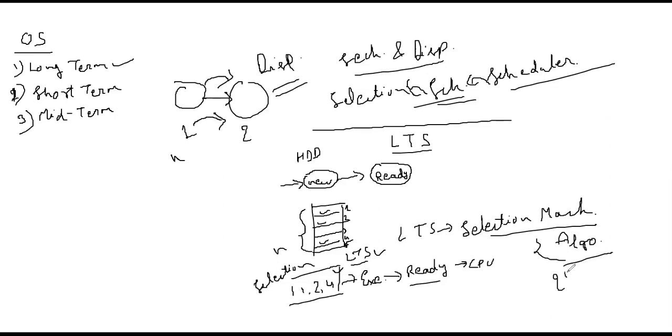This we will study after one or two lectures, in the CPU scheduling mechanism. We are not going to discuss it right now, but yes, we require a certain algorithm for the selection. Without an algorithm, we cannot schedule anything. So that is the long-term scheduler. That's all for today.